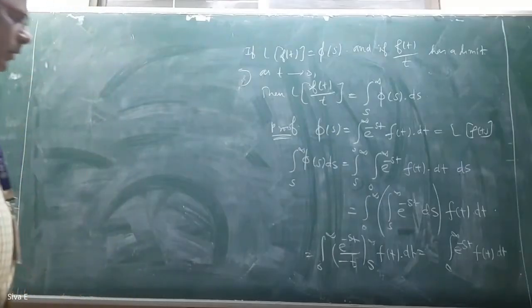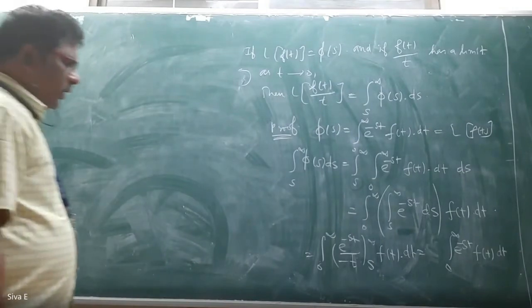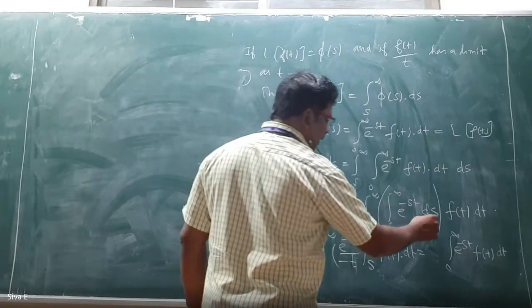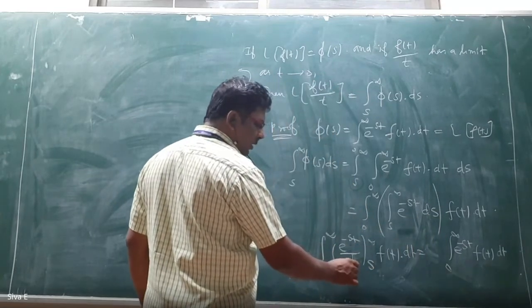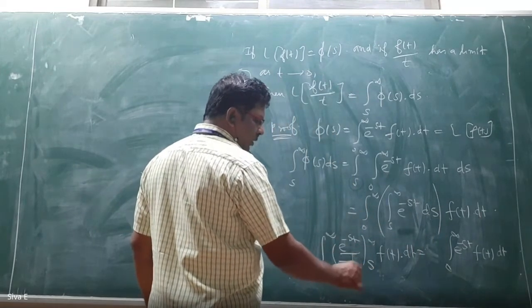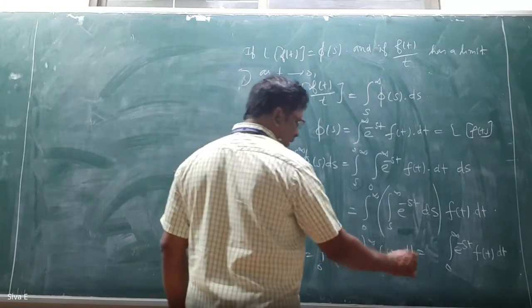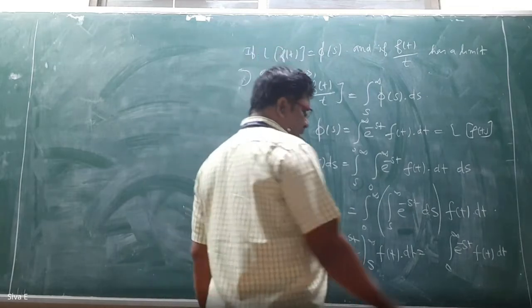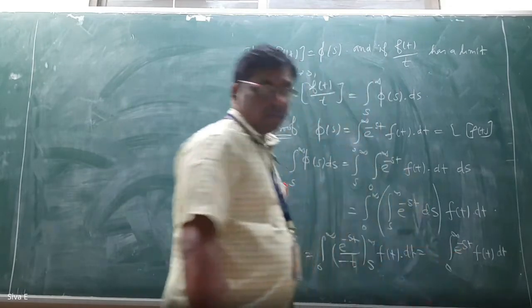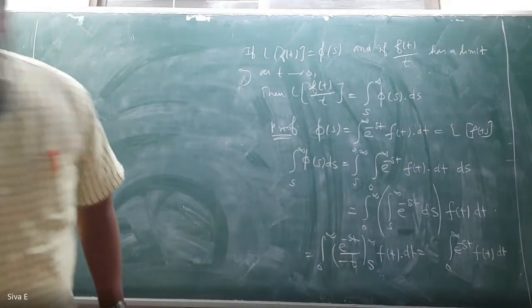Okay, fine. So here I have made one mistake actually. When you integrate with respect to s, you will not get s here, you have to get t. So s to infinity f of t dt, and then you have to write once again this step.